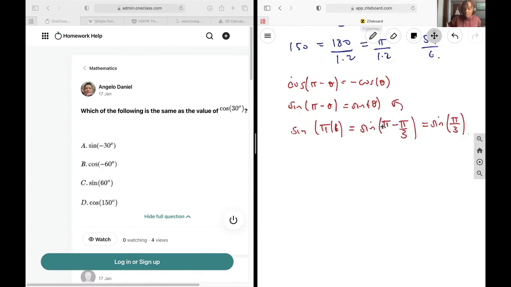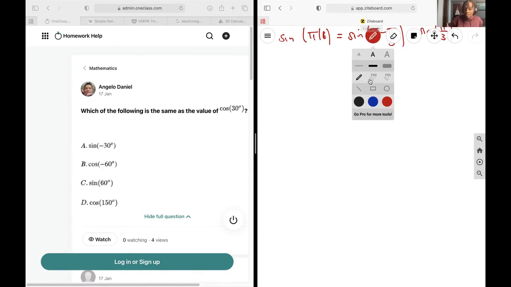And now, if we just look at our special triangles, we can find all of these values.